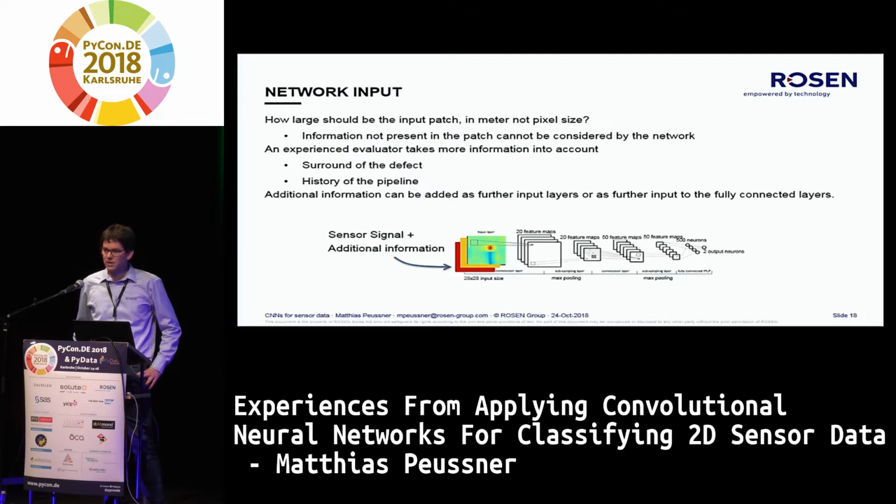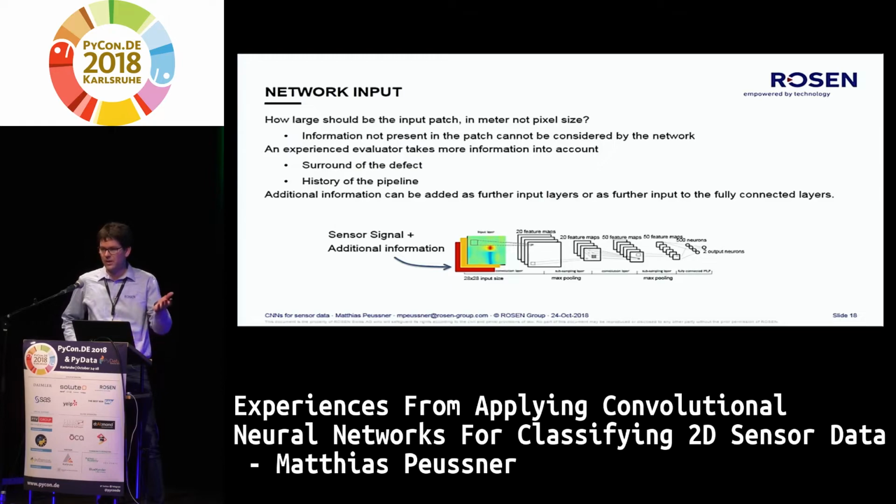So he also takes additional information which is not present in the data and can use it in the manual evaluation process. If you also want to put additional information into the network, you can easily add additional layers here, the red and orange one.